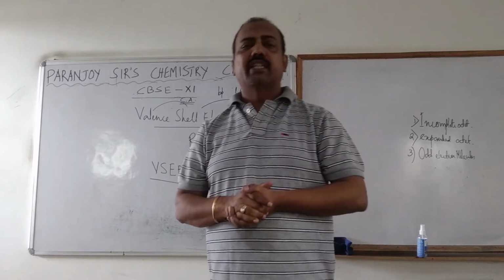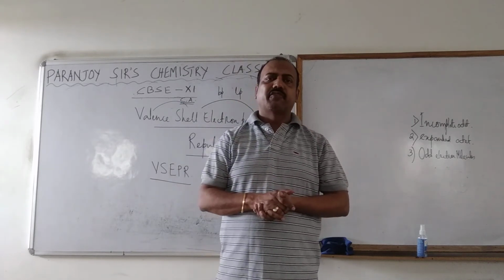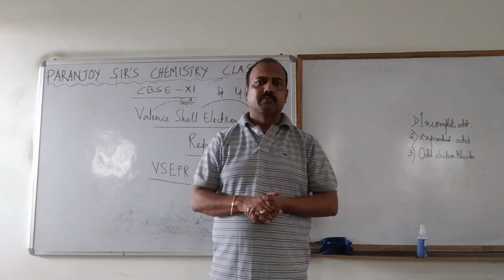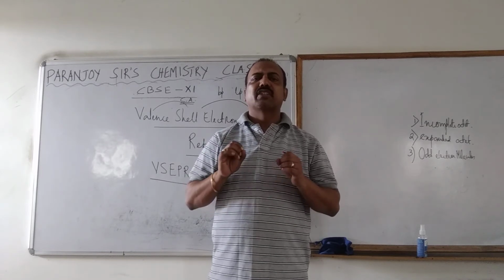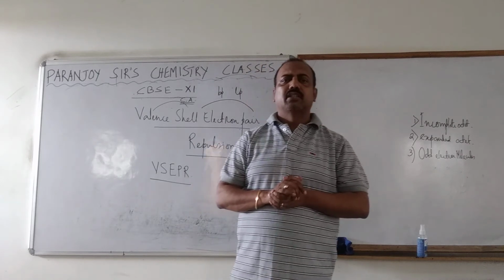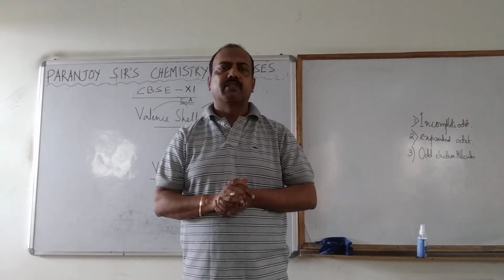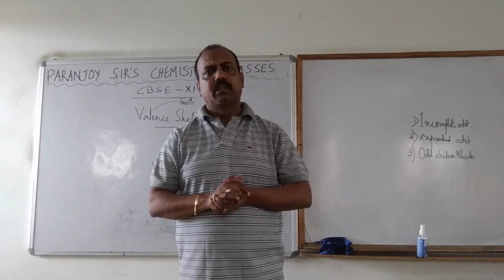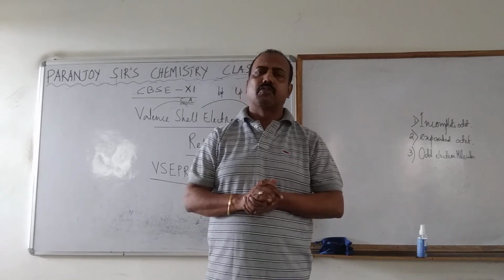This theory says that the electron pairs on the surface of the sphere of the central atom, valence shell, will be placed themselves in such a way so that they will experience the minimum repulsive force.